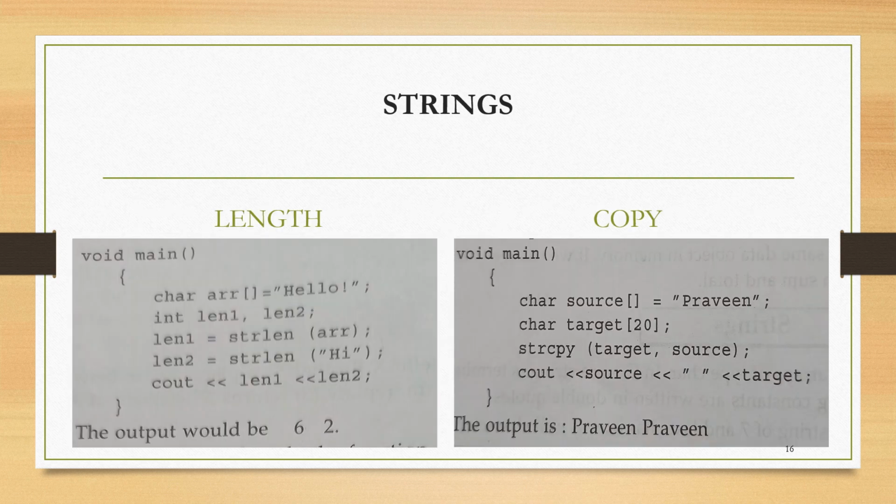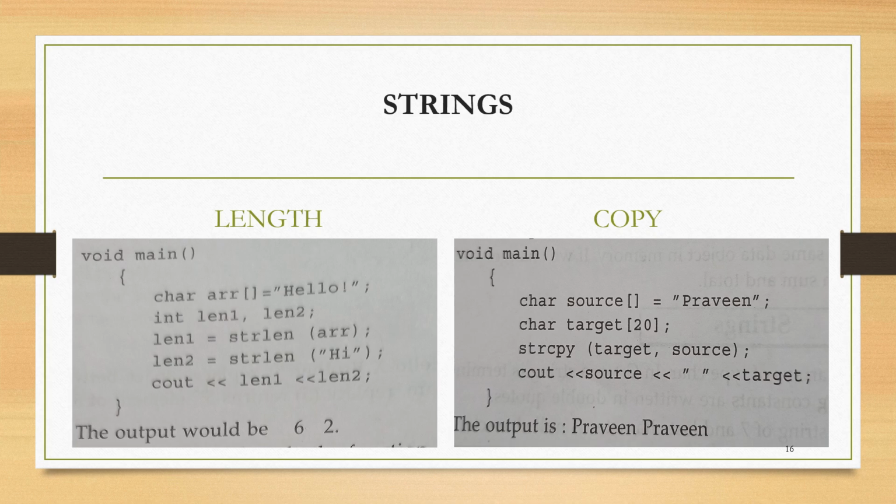String length. Suppose this is an array, written as HELLO, then this exclamation symbol. We are defining integers length1 and length2. Length1 is strlen of the array. So the length of the string in the array will come in length1, and length2 will get the length of the string within the quotes, "HI", because we write the string within quotes.